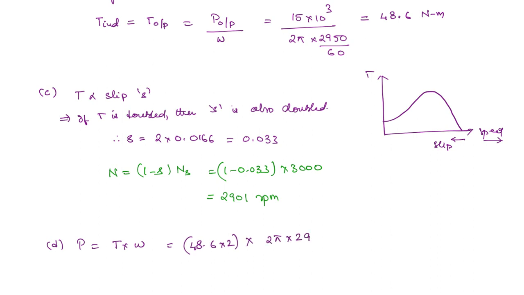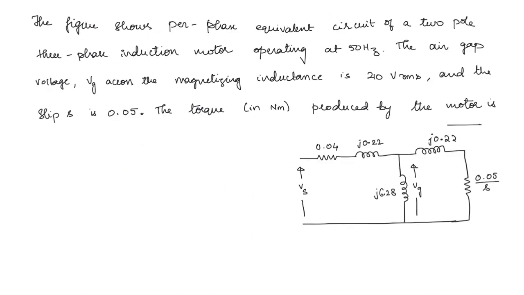N we got as 2901, divided by 60. If you calculate, you are going to get 29.52 kilowatt.